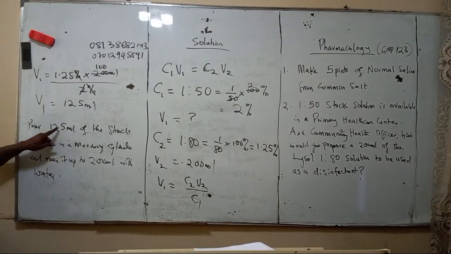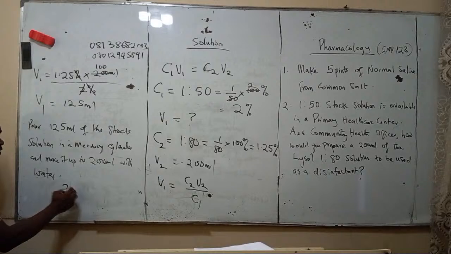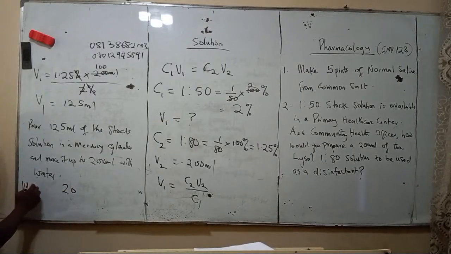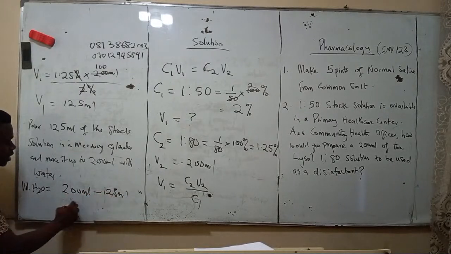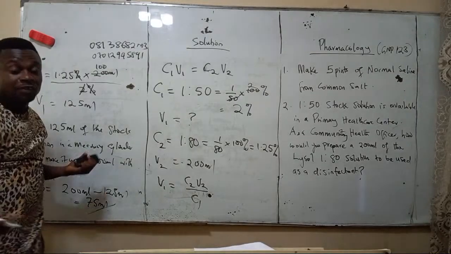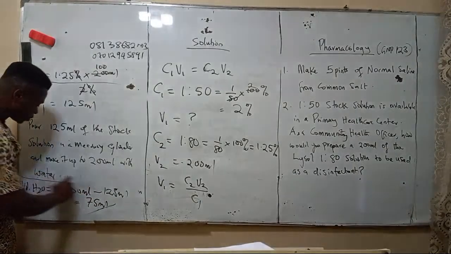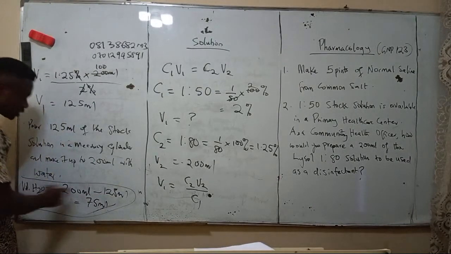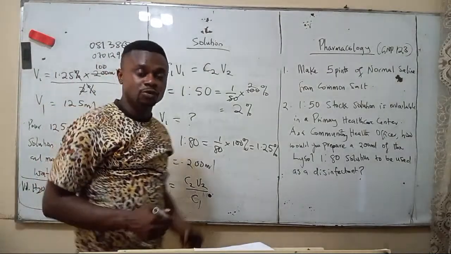So if you want to know the amount of water you added, simply subtract 125 from 200 ml. That will give us what? 75 ml. This is in case they ask you a question like this, it is not part of this question. You see a question like this in the future, this is how you do what?